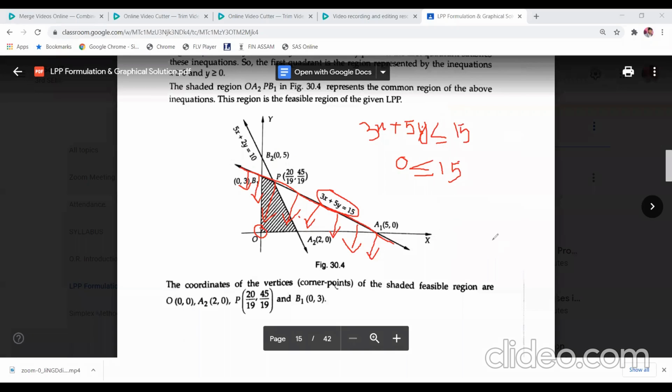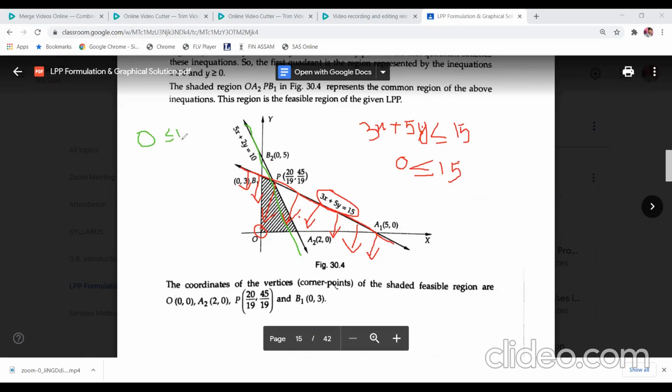So now next, the same thing you need to do with the line 5x plus 2y equals 10. Here 5x plus 2y is less than or equal to 10 is given. If you put x equal to 0 and y equal to 0, then 0 is less than or equal to 10.